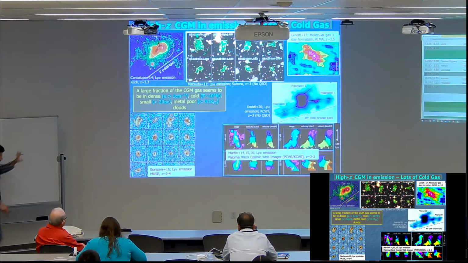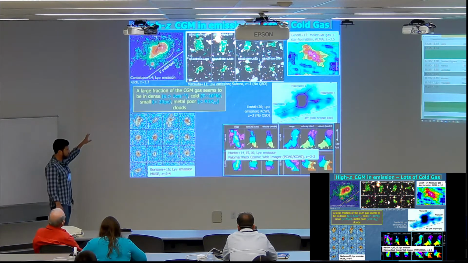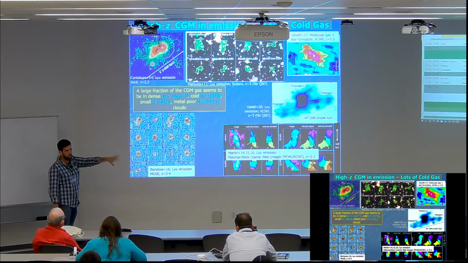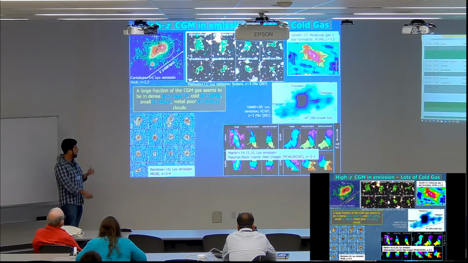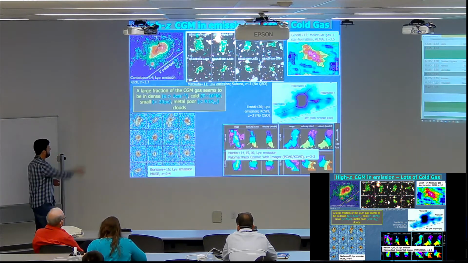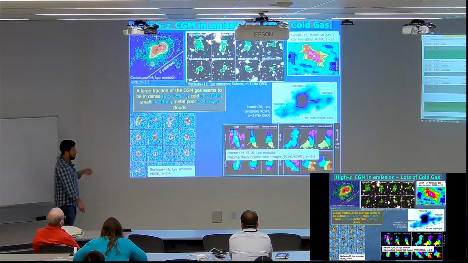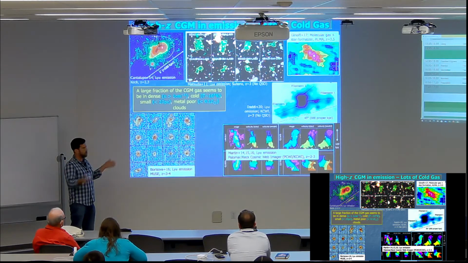Motivation number two, which I'll just very briefly flash: there are lots of different observations of cold gas in the circumgalactic medium of massive galaxies at high redshift. This is with Subaru, Keck, MUSE, KCWI, and ALMA. So this is kind of the odd one out. All these other ones are looking at the Lyman alpha, and the results are quite robust, quite generic.